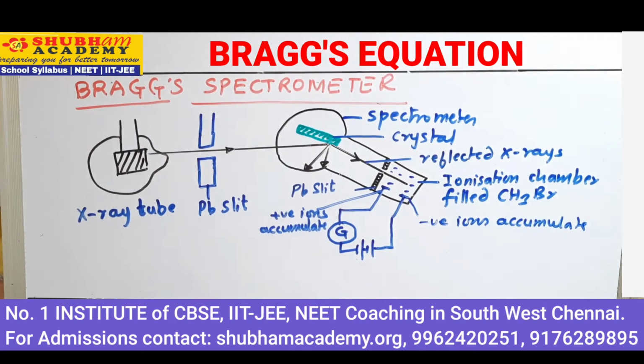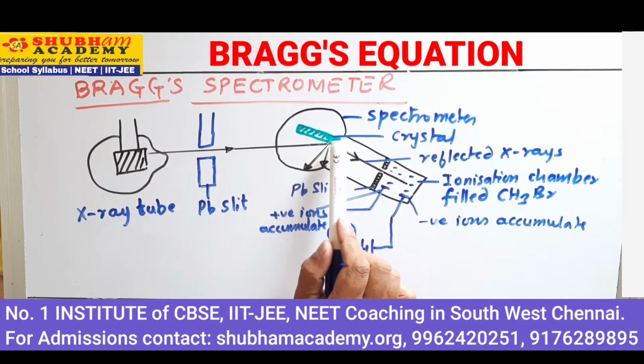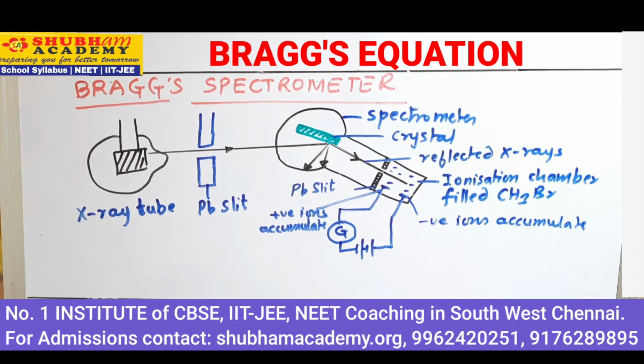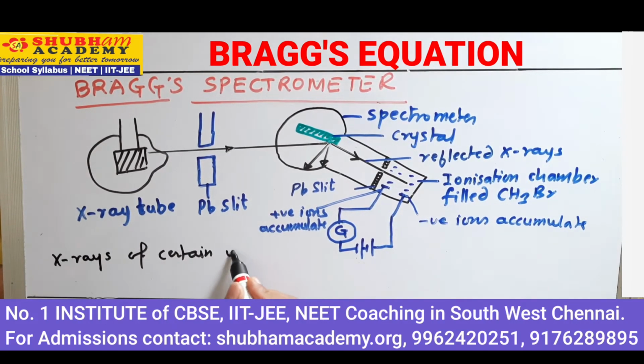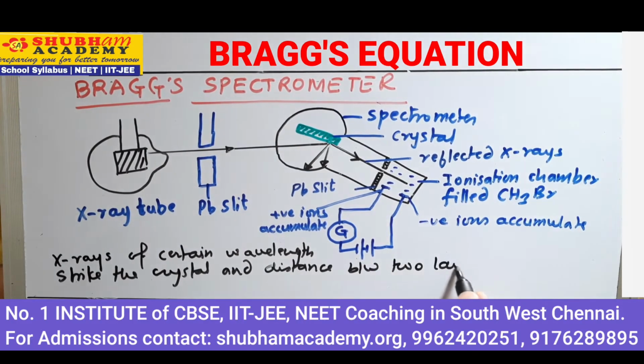So, using Bragg's spectrometer, X-rays of a certain wavelength strike the crystal and the distance between two layers of the crystal can be calculated, right?